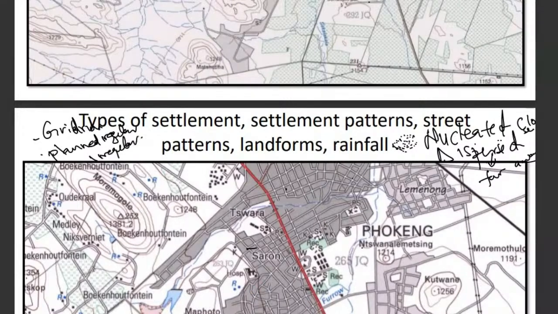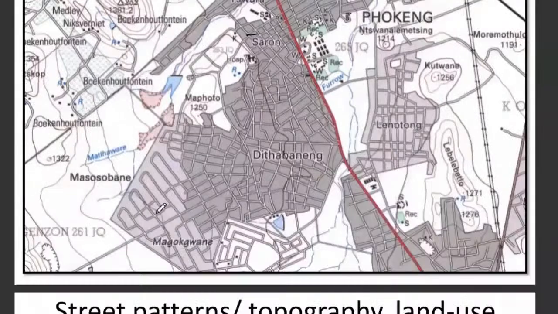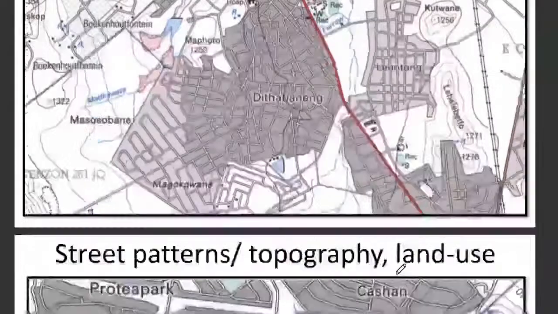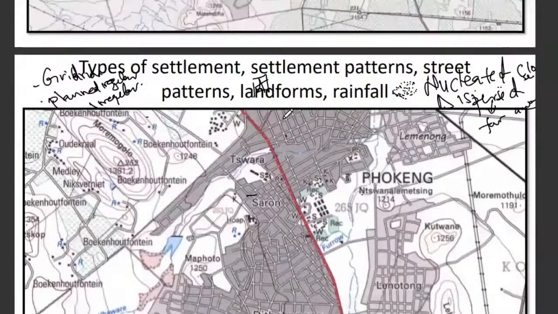Then in this case, if it's gridiron, it forms kind of grids, squares, straight, and normally it is one way. So when you check around here, what do you see? You can start listing here where they form a grid pattern. See that? And maybe around here forms a grid pattern.